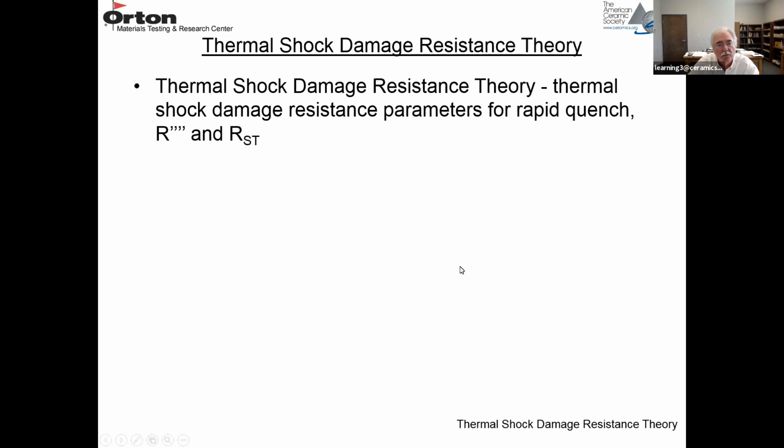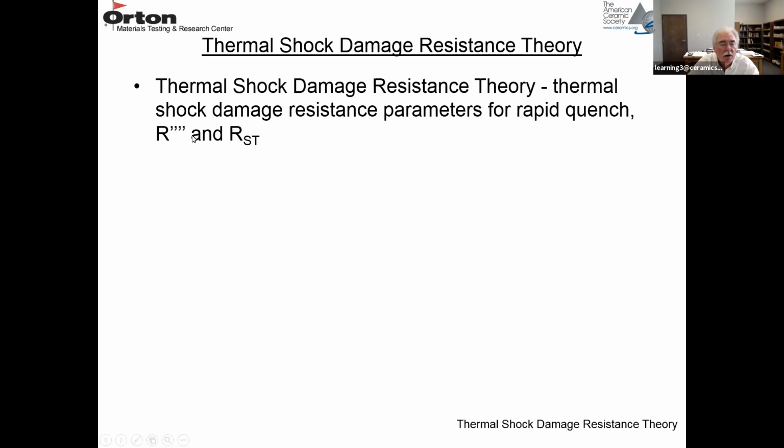So that's the approach for designing a material to completely resist thermal shock without any damage. It's not a good approach for a refractory, which is a very heterogeneous material loaded with microcracks. So you have to use this other approach, thermal shock damage resistance theory. And again, there are different parameters. Well, we'll look at two.